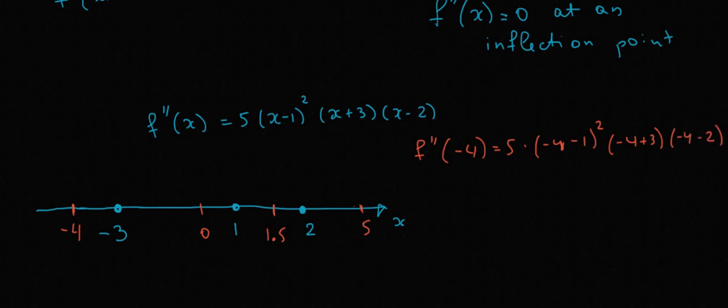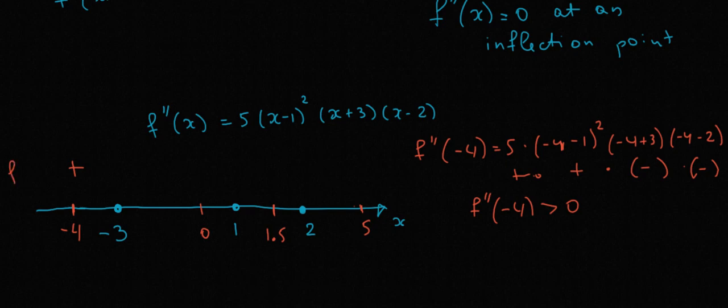So that's positive, because (-5) squared is positive. Then we have a negative, and now we have another negative. And so a product of 2 positives and 2 negatives is going to be a positive result. And we conclude that the value of the second derivative at -4 is positive. And so we'll put a plus sign for the first segment.